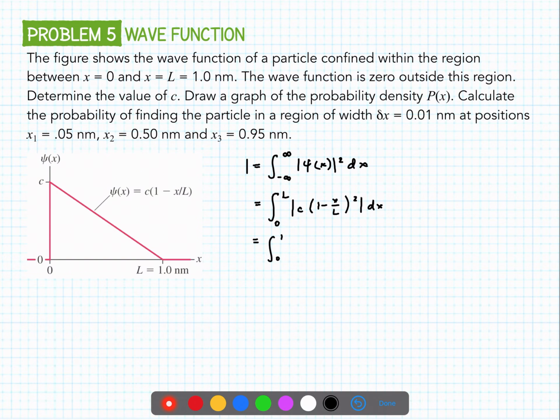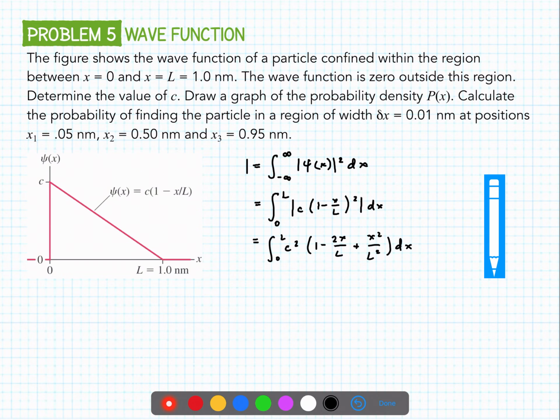So from 0 to L, C squared times (1 minus 2x over L plus x squared over L squared) dx.